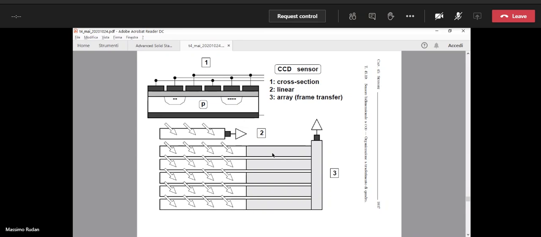For this reason, it is called the frame transfer CCD. There is another advantage in this architecture, but we don't have time to illustrate it for the moment. So for now we stop, and we shall continue in 10 minutes.